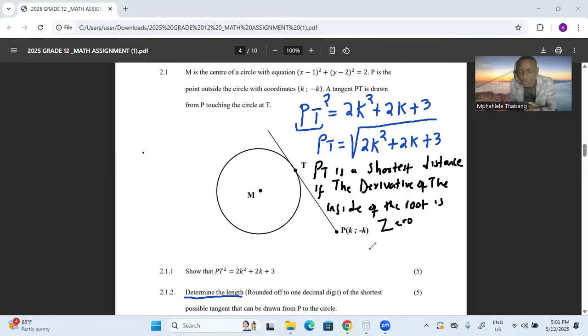So PT will be the shortest distance if the derivative of the inside of the root is 0. So I'm going to say PT prime, but this time I'm referring to the derivative of the inside of the root. So I will say PT prime equals the derivative of 2k squared plus 2k plus 3.